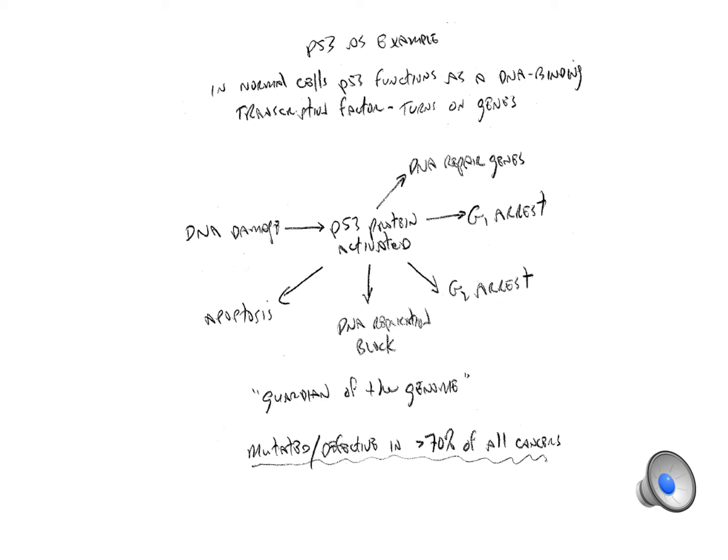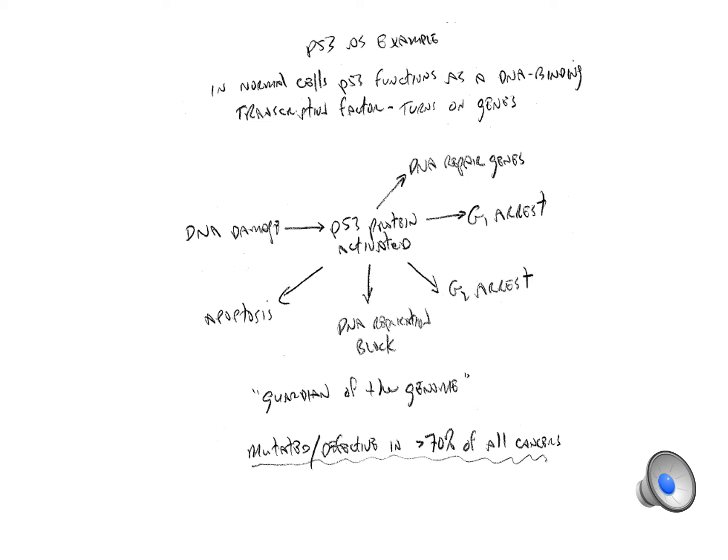Presumably, what happens during that period is that the DNA repair genes that have been activated repair the DNA. It can undergo G2 arrest, depending on when the DNA damage occurs. It can block DNA replication, and it can also induce apoptosis if the damage is so severe.